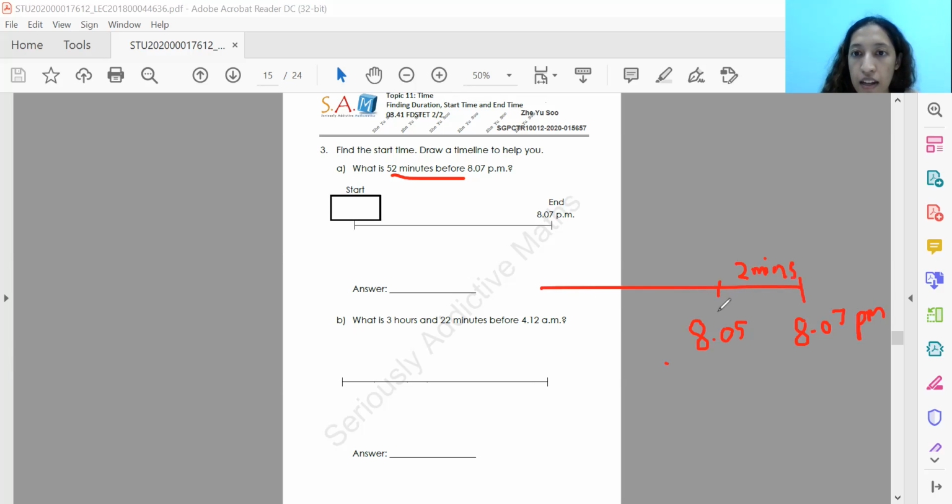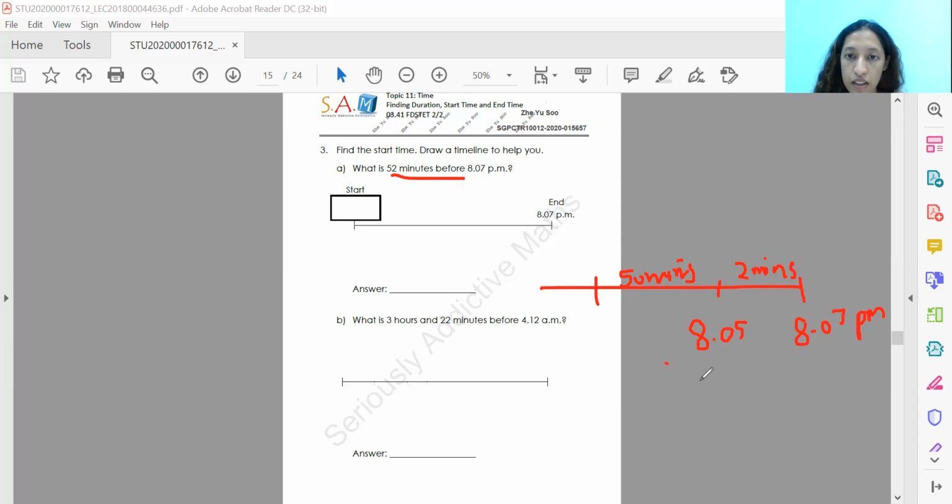Okay. Now let us do 50 minutes. Let us move backwards. So from 8:05, 50 minutes would be 10 fingers, right? So 8:05, 8:00, 7:55, 7:50, 7:45, 7:40, 7:35, 7:30, 7:25, 7:20, 7:15.